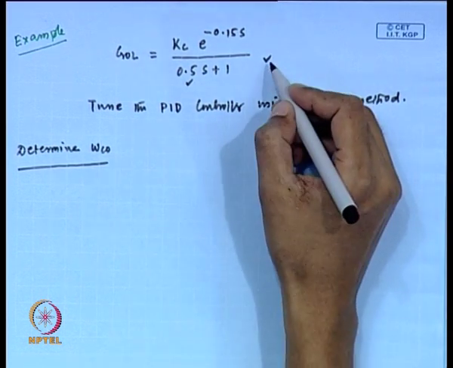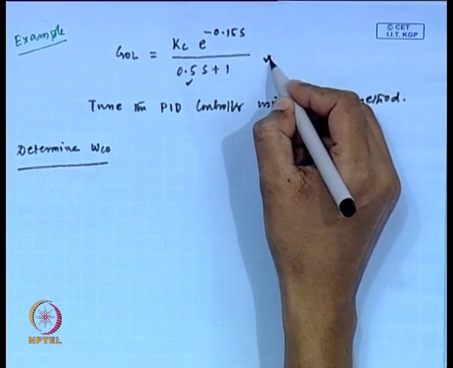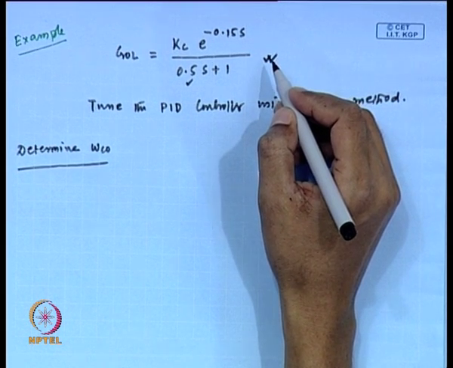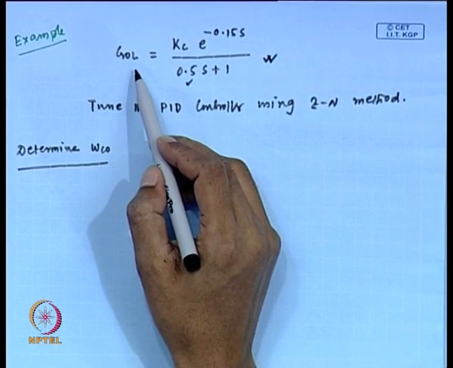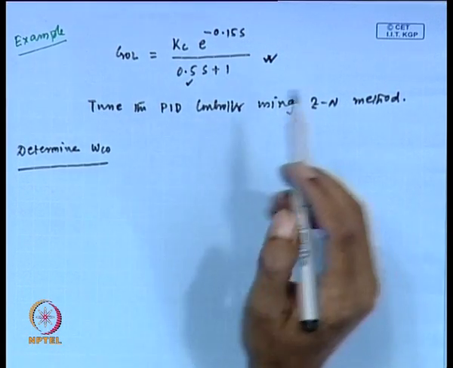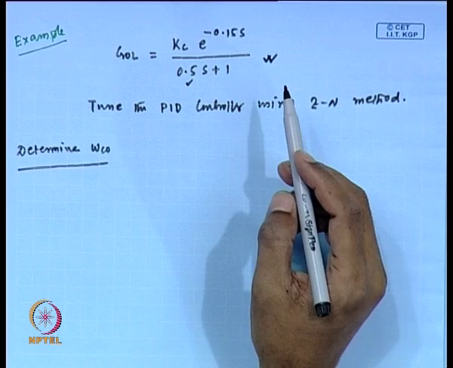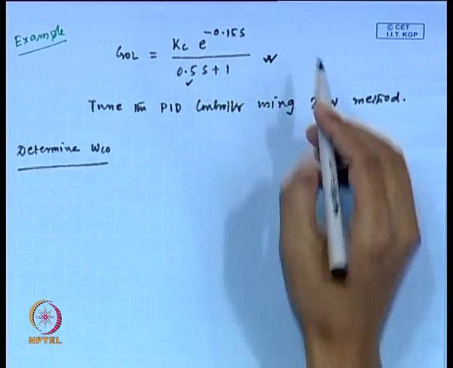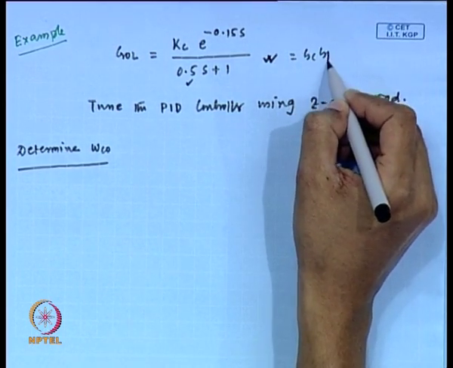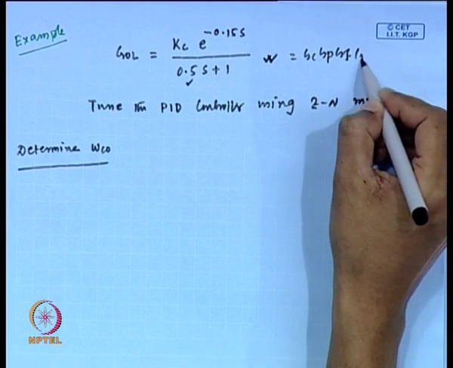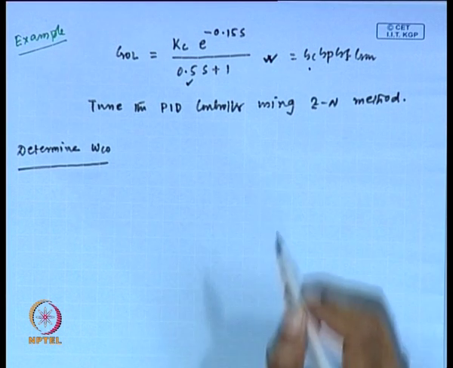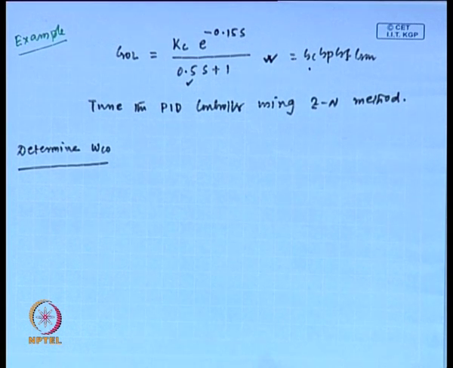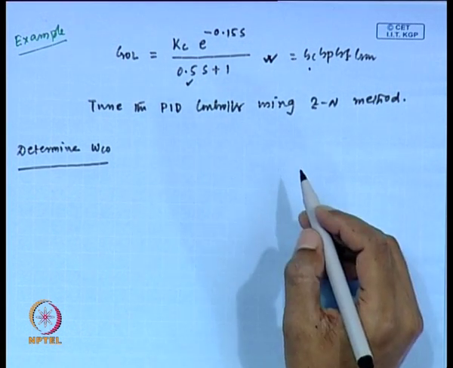See, in this open loop transfer function we have considered only P controller. So, this is basically GC, GP, GF, GM. Here we have considered GC equal to Kc.